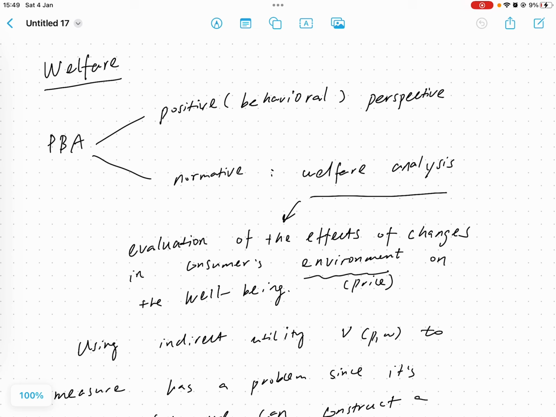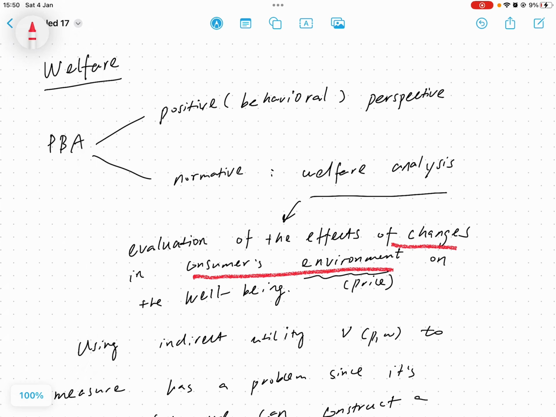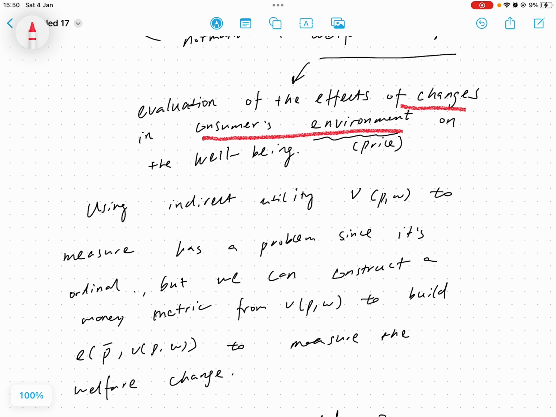Essentially, in welfare analysis, we simply evaluate the effects of changes in the consumer's environment on well-being. By environment, we mean sometimes we change the prices, or other things, but mostly we just change the prices as we saw before. So that's the main topic of welfare analysis.